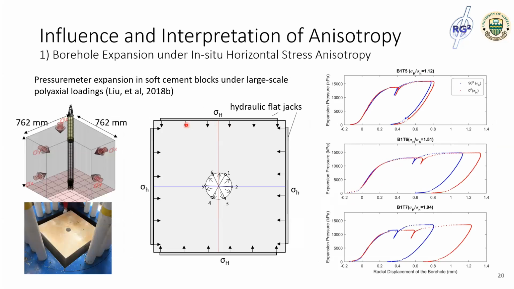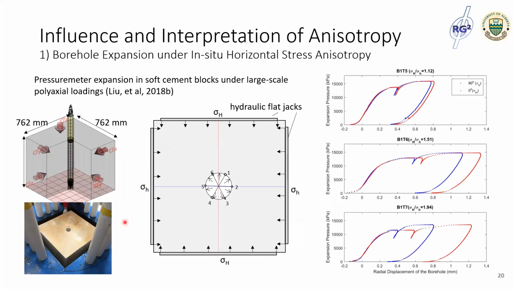And this hypothesis is examined by a large-scale experiment conducted in the polyaxial loading facility by CNPC in China. We cast soft cement blocks and installed the pressuremeter in the center hole.